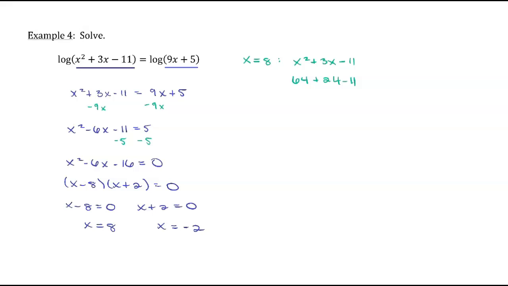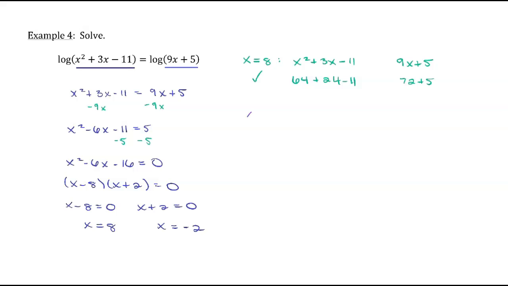That's clearly a positive number, so 8 is in the domain of the logarithm on the left side of the equation. Now let's test out 9x plus 5. If x is equal to 8, this is 72 plus 5, which is also a positive number. So the solution x equal to 8 is in the domain of these logarithms and is okay as a solution.